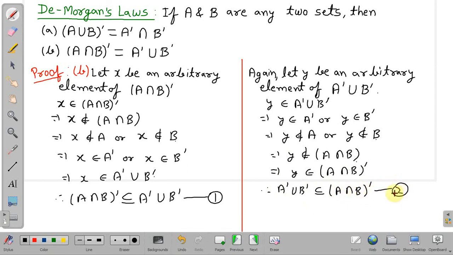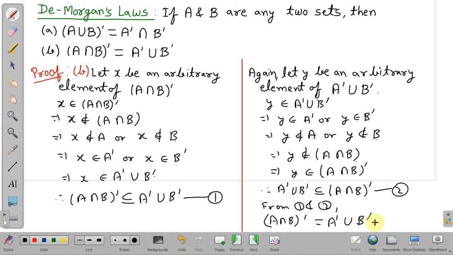Okay. So from 1 and 2, we can conclude that (A intersection B) complement is equal to A complement union B complement.